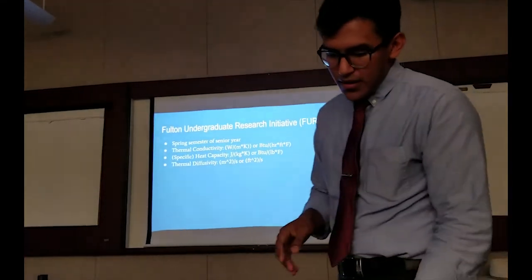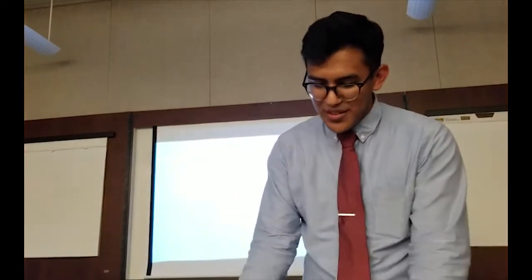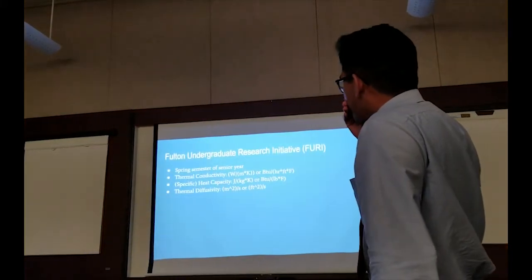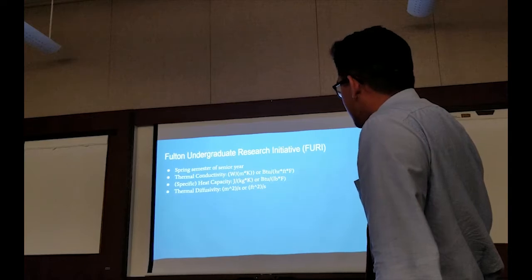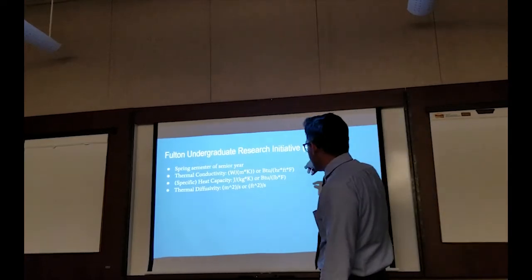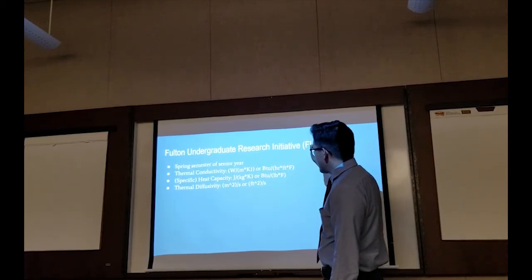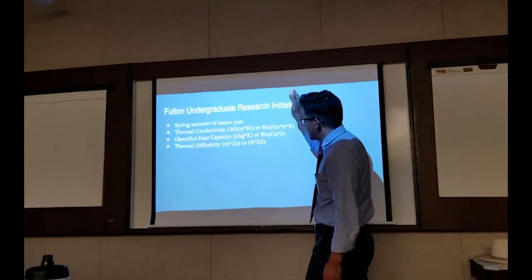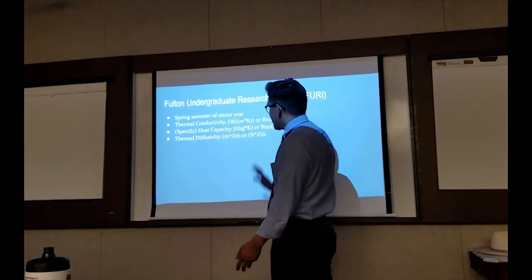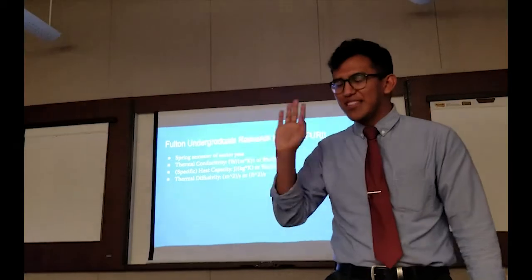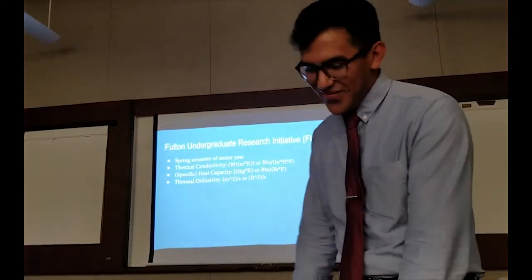Thermal conductivity is the property of a material to conduct heat, which is kind of in the title. Typical units for that are, as seen here, British thermal units per hour per foot per degree Fahrenheit, which is basically the English units, and this is metric. I put both because we really should be on metric, but that's beside the point.